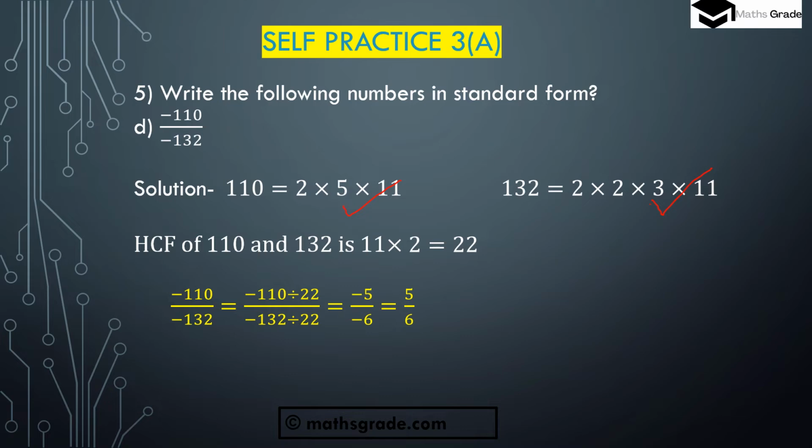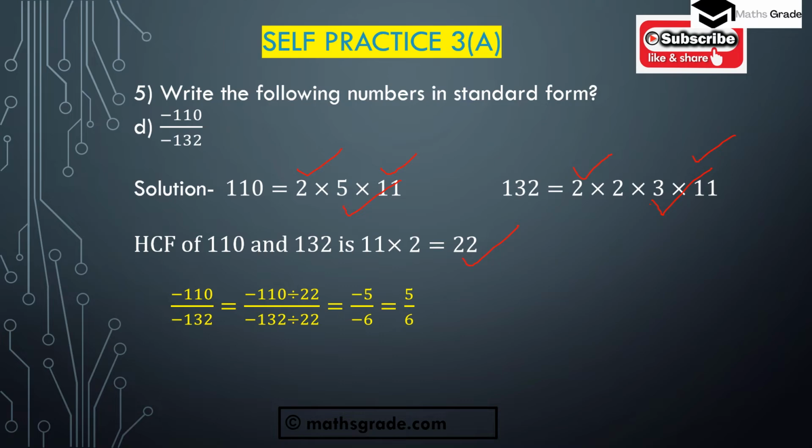So here 2 and 11 are common factors between 110 and 132. So the highest common factor between 110 and 132 is 2 multiplied with 11, that is 22. So 22 is the highest common factor of 110 and 132.